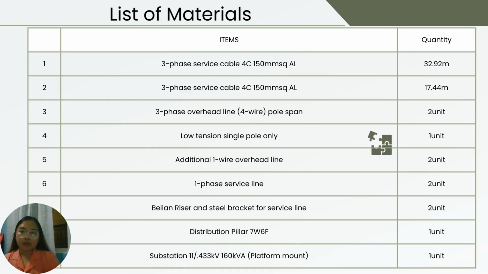This is the list of material used. Three-phase service cable, the distance is 332.92, from transformer to MSB. The second one is also a three-phase service cable, 17.44 meter, from transformer to the pole. There are also low tension single pole, additional one wire overhead line, one phase service line, bullet riser, and steel bracket, distribution pillar, and last but not least a substation, 160 kVA.